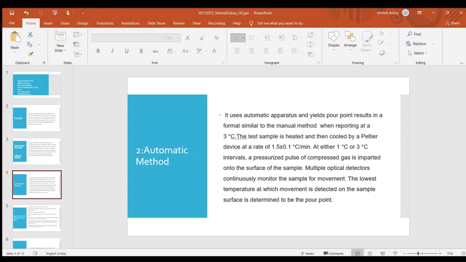A pressurized pulse of compressed gas is imparted onto the surface of the sample. Multiple optical detectors continuously monitor the sample movement. The lowest temperature at which movement is detected on the sample surface is determined to be the pour point.